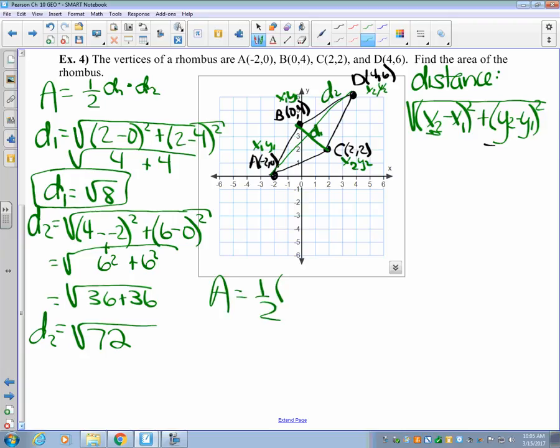Let's go back to our formula. 1/2. D1 is root 8. D2 is root 72. We have done enough radical expressions to know when I have 2 radicals multiplied next to each other, we can put them underneath 1 radical.